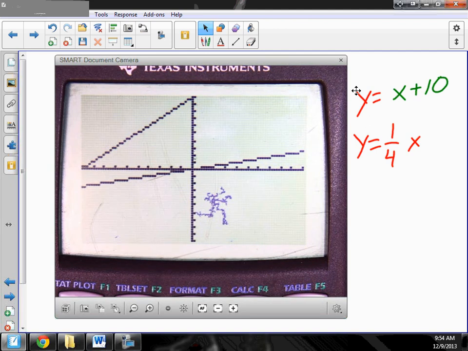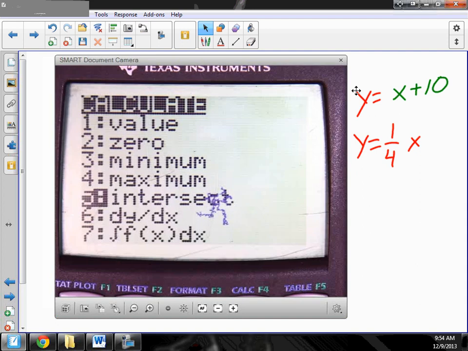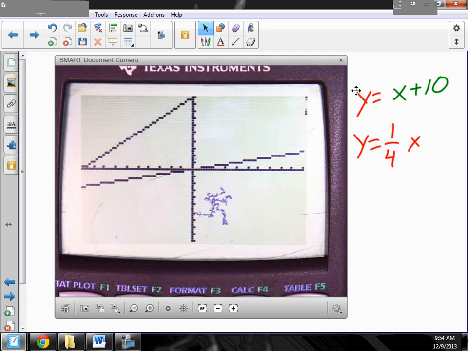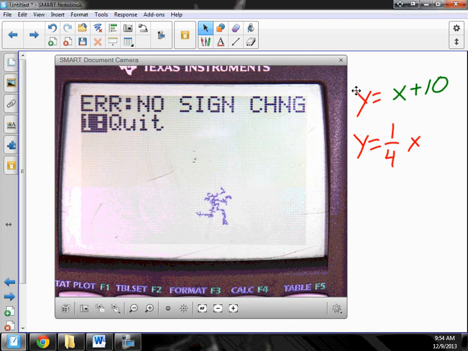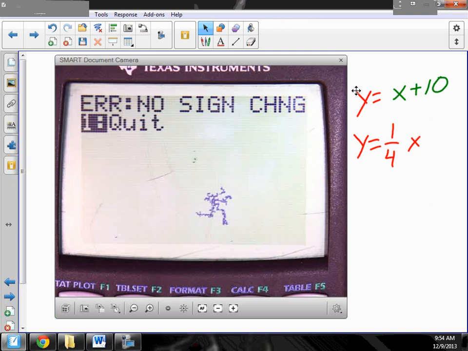When I do second calc intersect, enter, enter, enter, it gives me an error. No sign change. Which is doing something that you don't realize what that means, but it's basically saying there's no answer. How come it didn't care if it was above, but it's off to the side? The calculator cares.